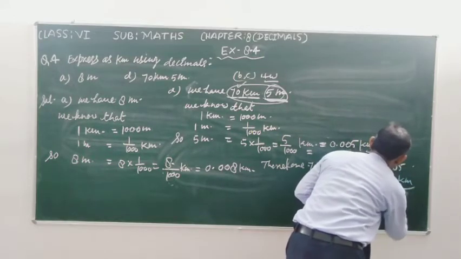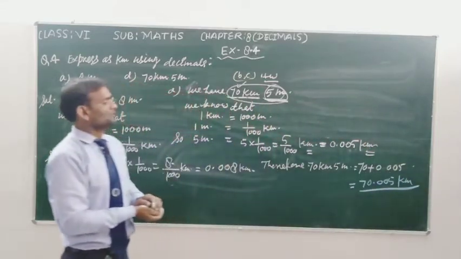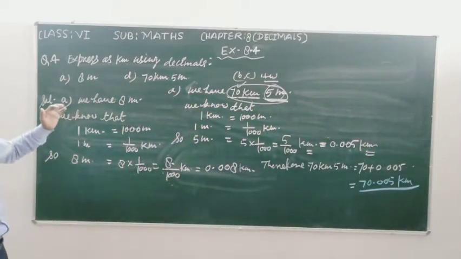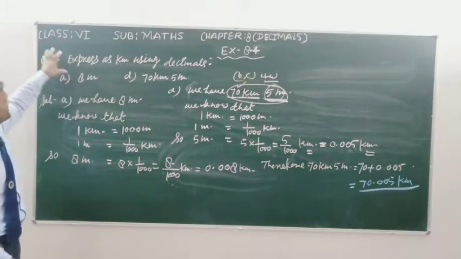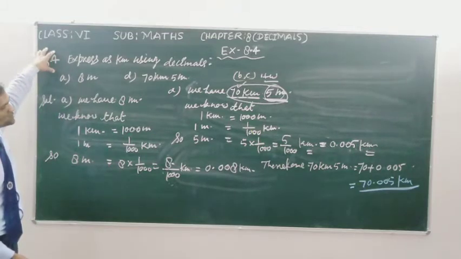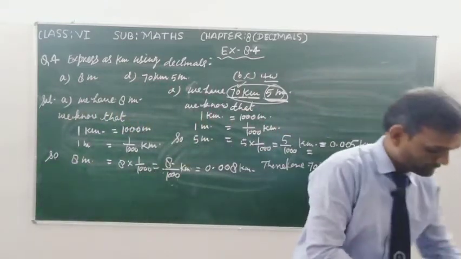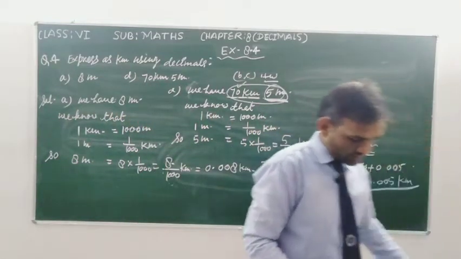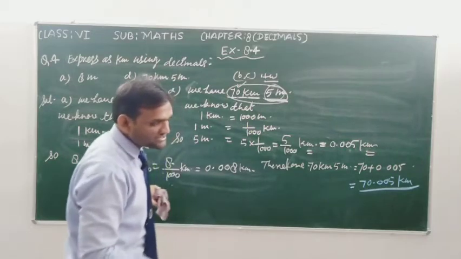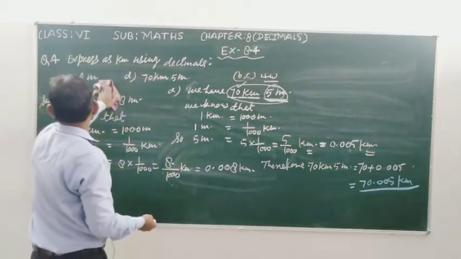This is my answer. So student, I hope you have understood question number 4 very well. So come to the next question, that is question number 5, which is the last question of this exercise.